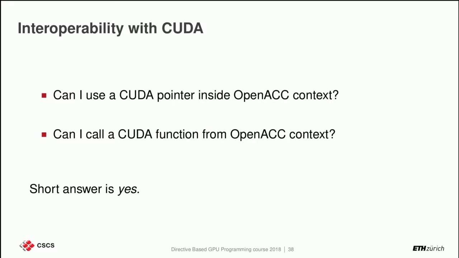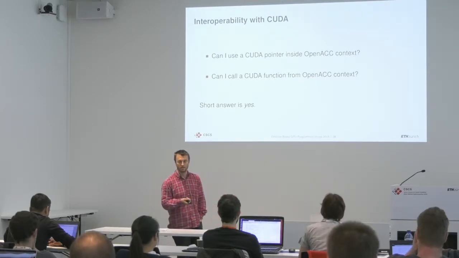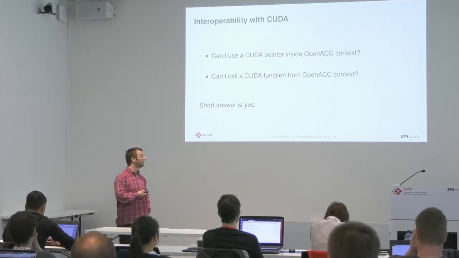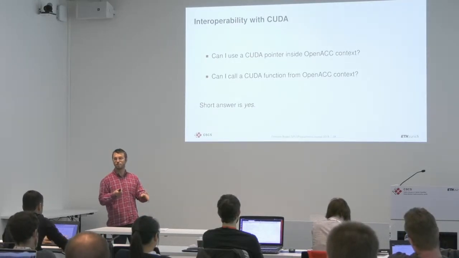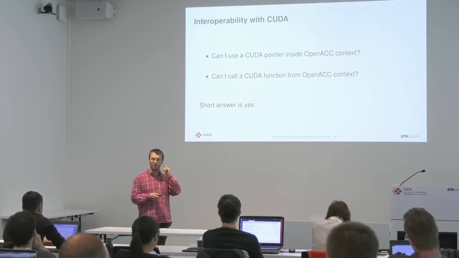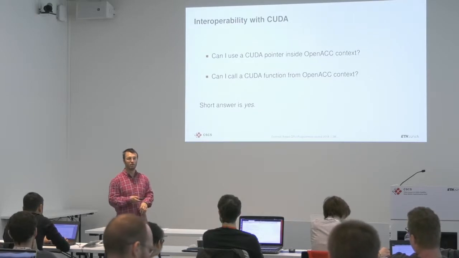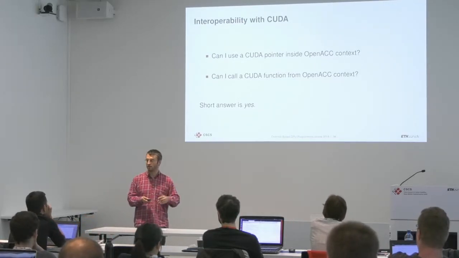There are basically two parts to this. One is, can I use a CUDA pointer inside an OpenACC context? And the second part is, can I call a CUDA function from an OpenACC context? They are two different scenarios that are treated differently. The short answer is yes. Now I'm going to show you the different scenarios and how this can be achieved.